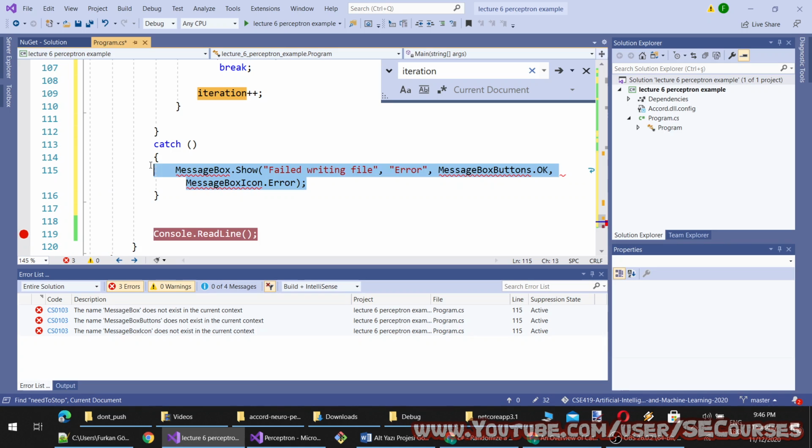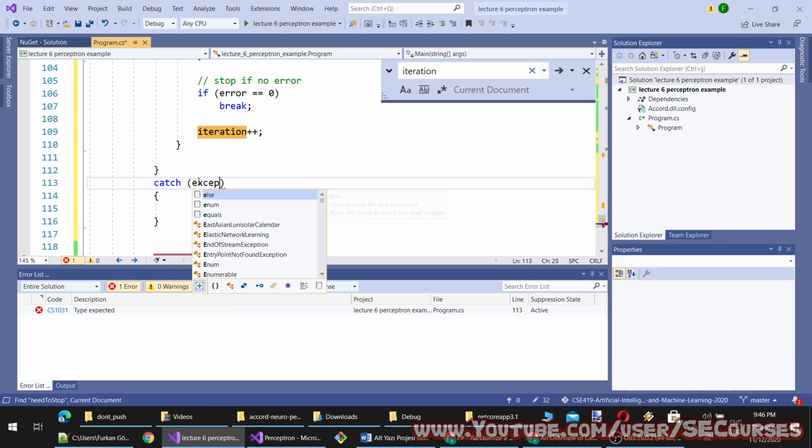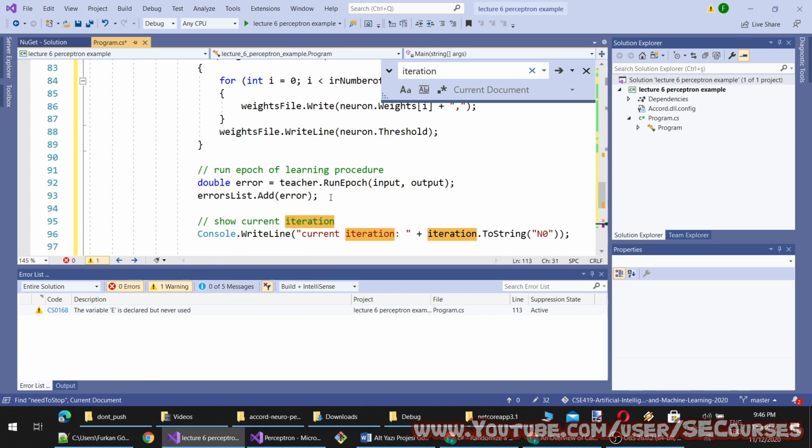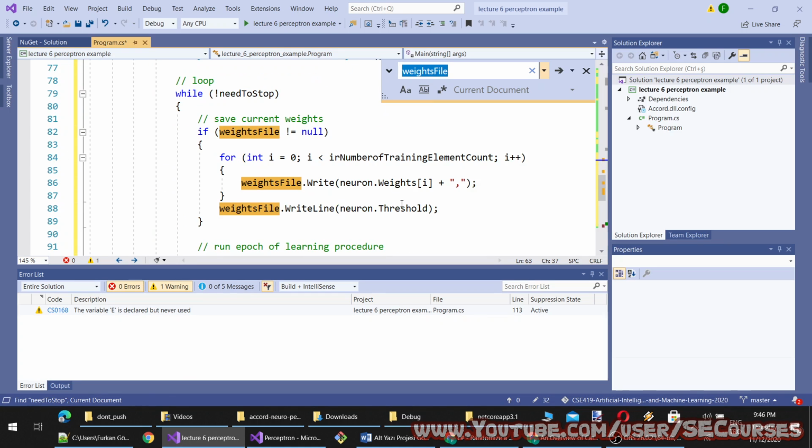Catch exception. And so, okay, there is weights file.